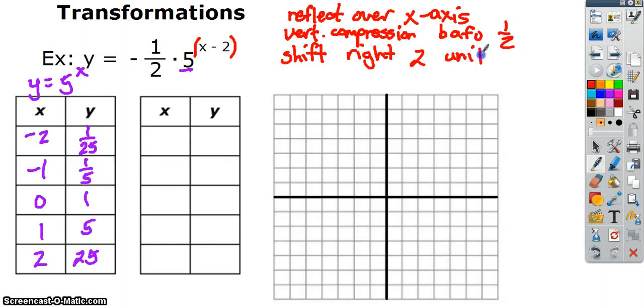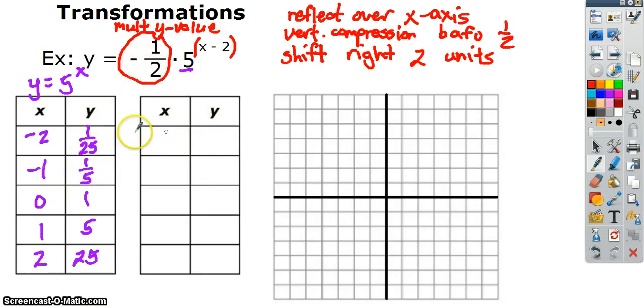All right, if they wanted to shift this up or down, they would have put the -2 down here, in line with the other bigger numbers, not in the exponent. All right, so the reflection and the vertical compression, I kind of do those at the same time. This number is going to multiply the y value. So basically I'm just going to multiply all of my y values here by -1/2.